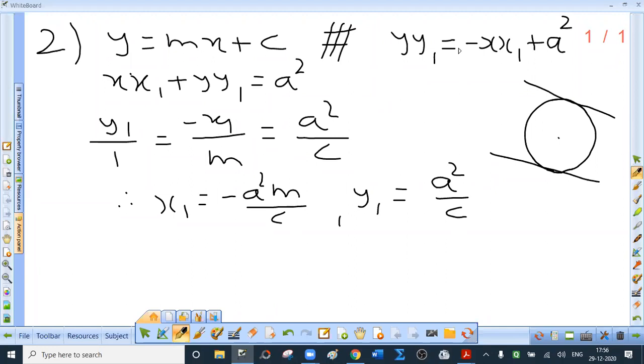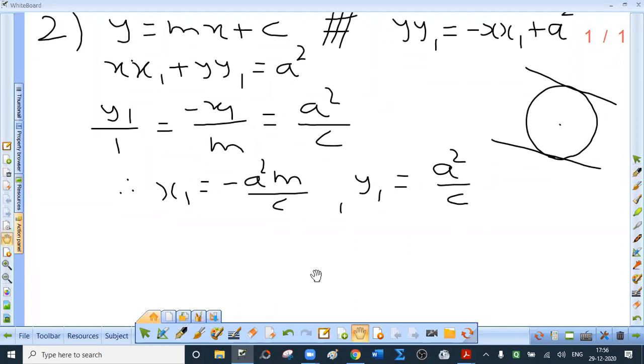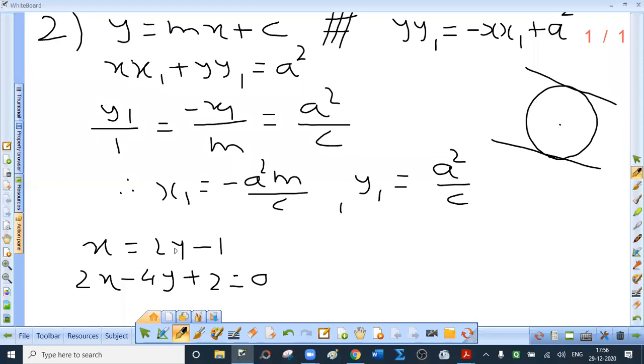I'll take a simple example so that you will understand this. First line is x equal to 2y minus 1. Second is 2x minus 4y plus 2 equal to 0. Are these two lines different? No, they are the same. So if two lines are the same, don't say that the coefficient of x is the same, the coefficient of y is the same, the constant term is the same.